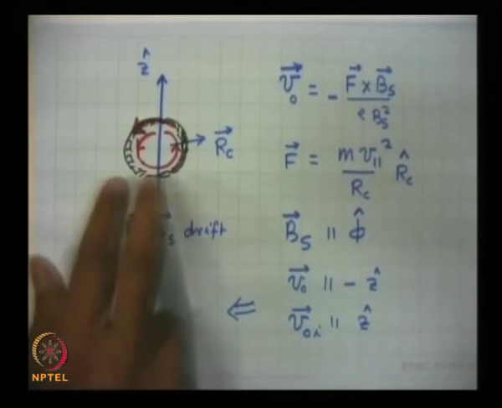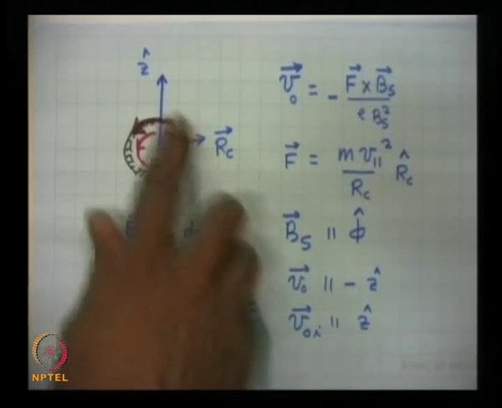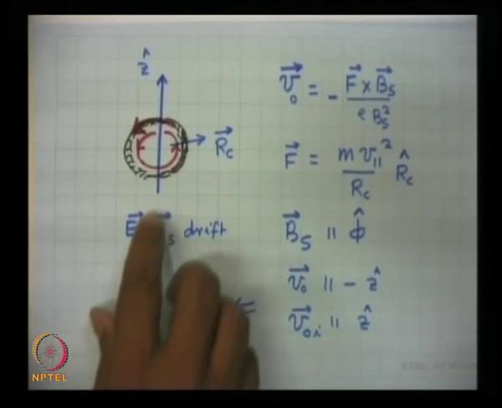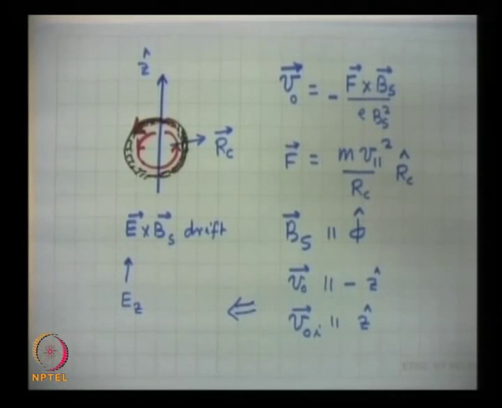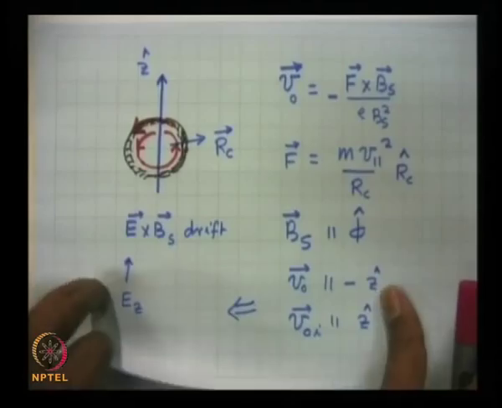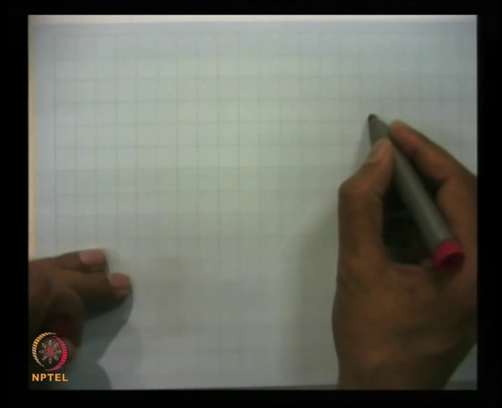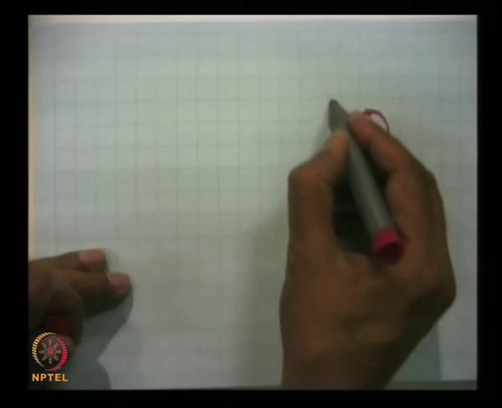This device will produce a toroidal plasma, and a more effective or more economic way of producing such a magnetic field is not to have a single wire along z direction, rather a configuration that has come up is like this, that you have a torus. Torus is like this.